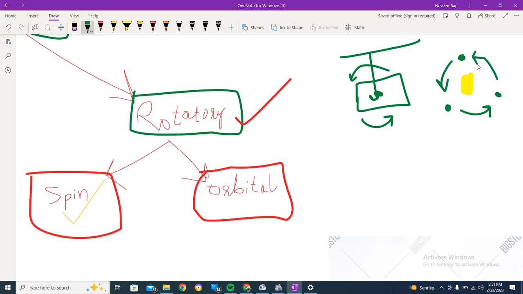If you notice one thing over here, there is a difference in the spin. The axis of rotation is not the same.